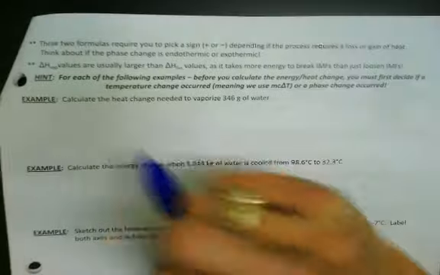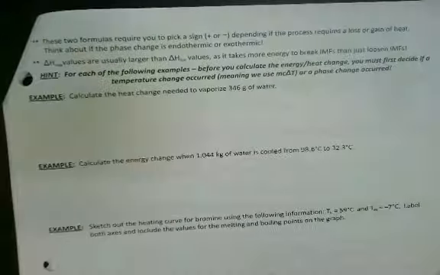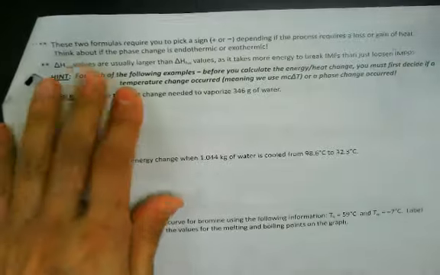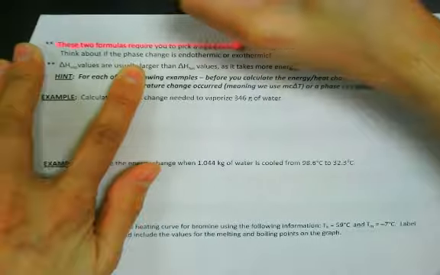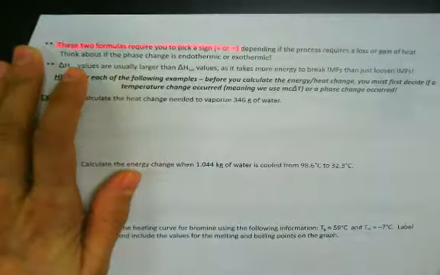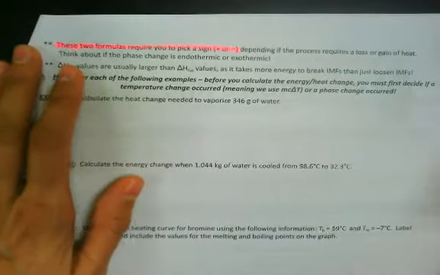The last little thing before we do get into the math is just talking about these formulas that we just discussed over here on this page. Just an FYI, those two formulas, since there's not like a temperature final minus temperature initial part that you plug in, will specifically require you to pick a sign, positive or negative, depending on if the process is going to involve a loss or a gain of heat.